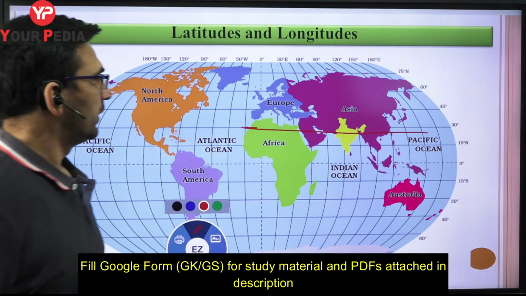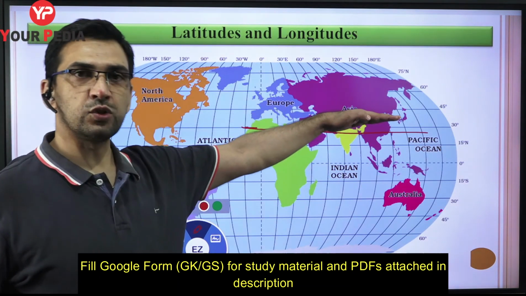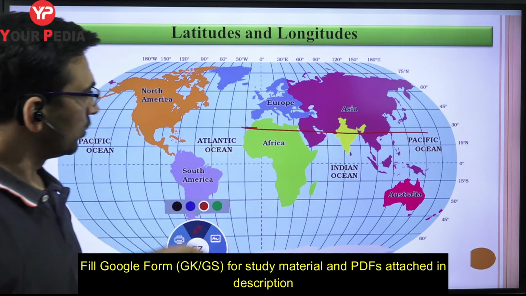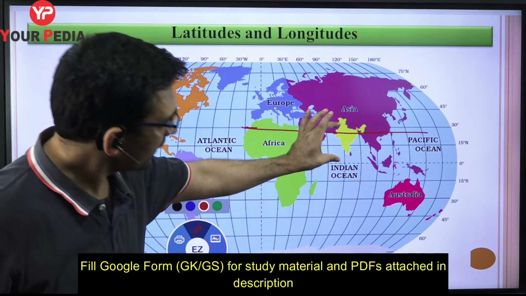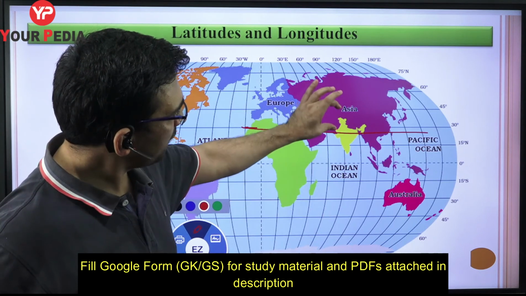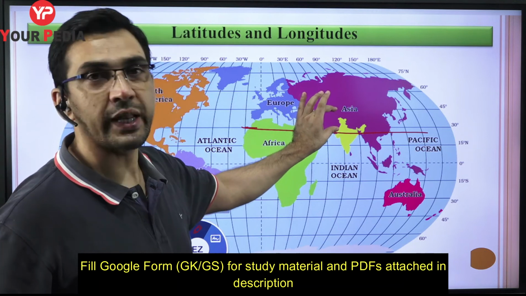Something this way. This is the Tropic of Cancer which passes through India, and it divides India almost into two equal halves. So that means some half portion of India is in the tropics, and a half portion we can say is in the subtropics or temperate region.